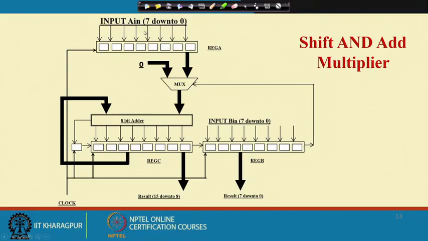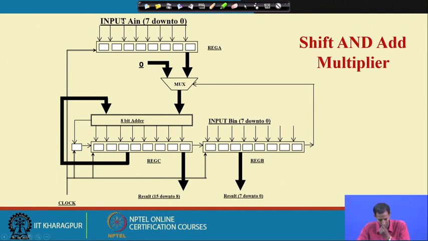Here you see I have two inputs, A in and B in. If I consider each of them to be 8 bit, then I have an 8 bit register for input A in and an 8 bit register for B in.